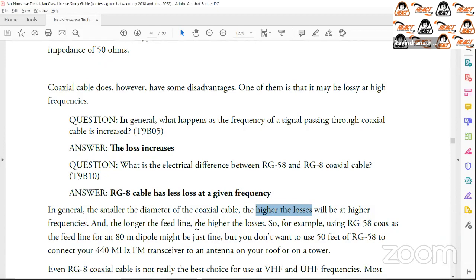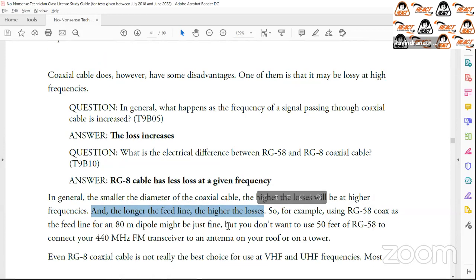If that helps you conceptualize it, think of it that way. And we also talked about this, that the longer the feed line, the higher the losses. So remember when Andrew asked that question, why should we use the thinner cable, or what is it good for? Well, if I use a short piece, that's okay. But if I use a long piece, I will have very high losses.